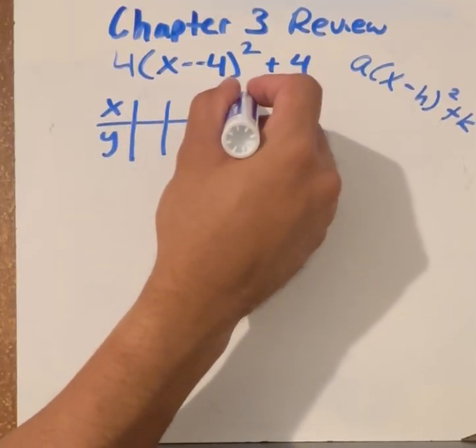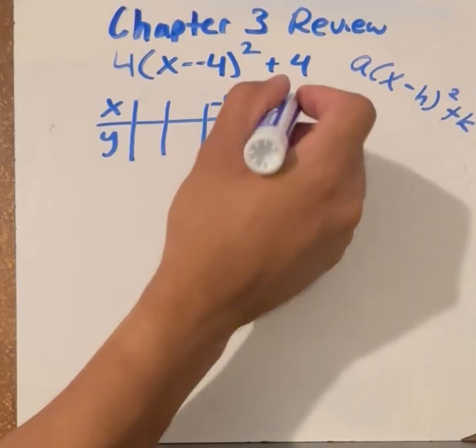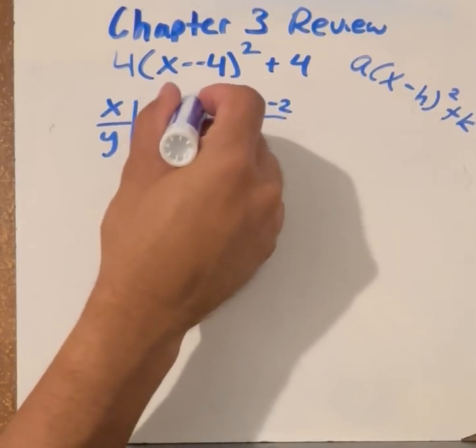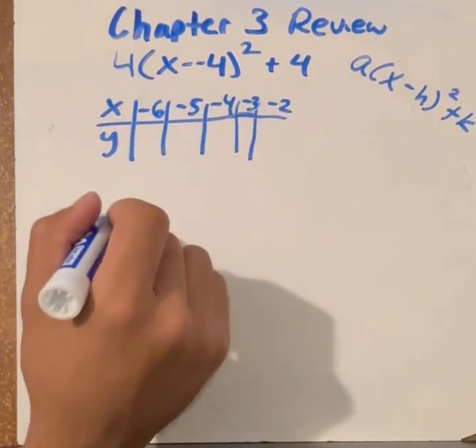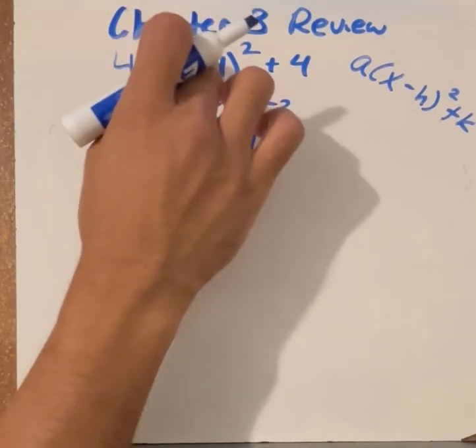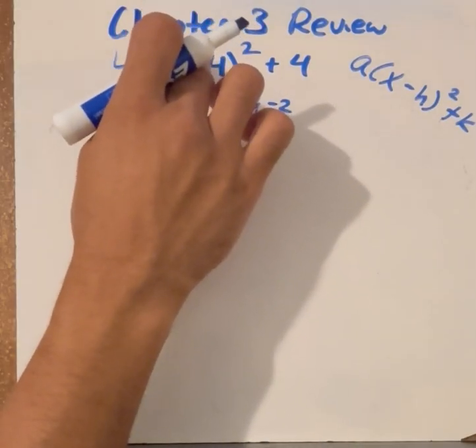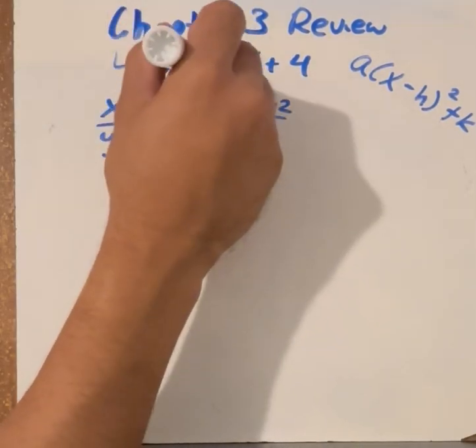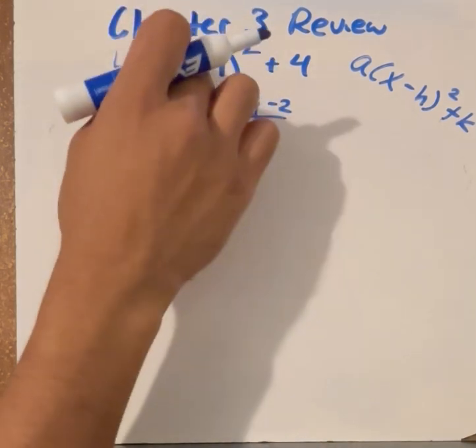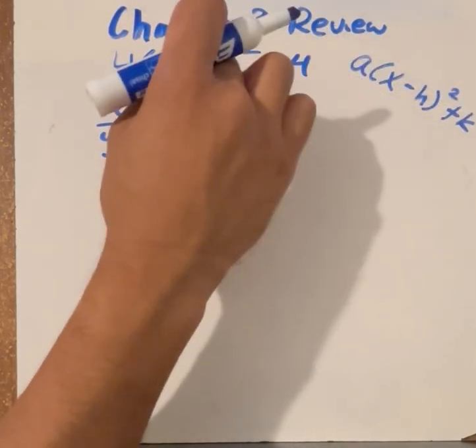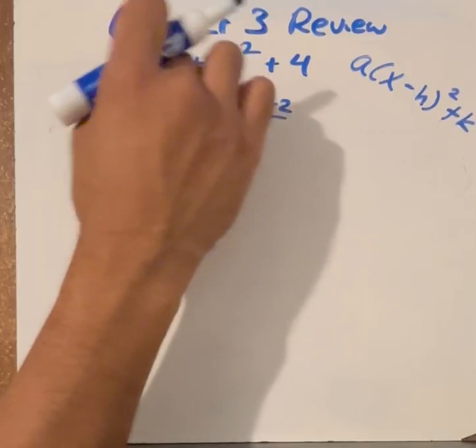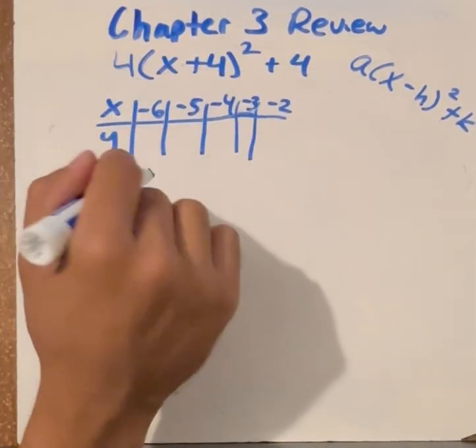Okay, two numbers that are greater than negative 4 are negative 3 and negative 2. Two numbers that are less than negative 4 are negative 5 and negative 6. Okay, so let's actually switch this back now that we've figured out that our h was negative 4. But recognize that it has to fit this form, so this is actually the opposite of what we see in here. This should be negative 4.